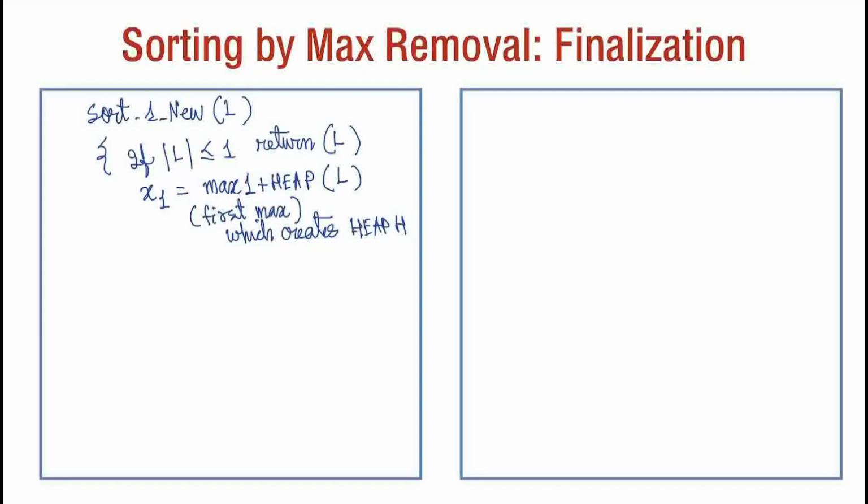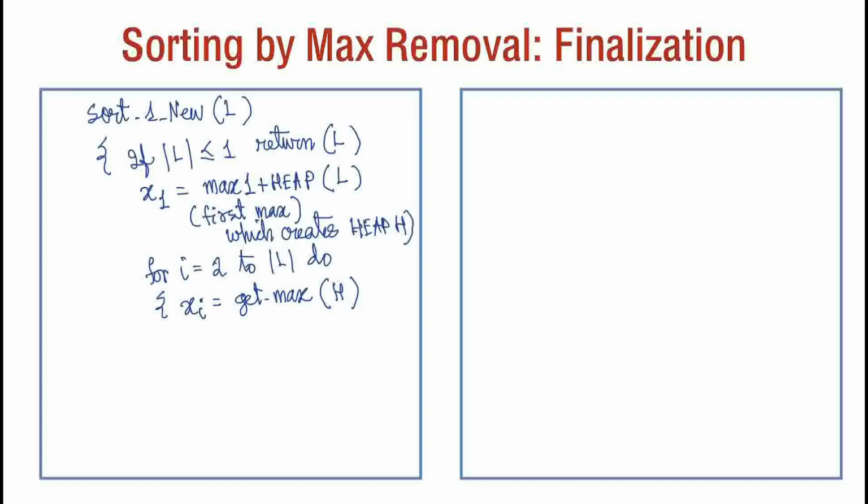Once we know that we have created this heap H, now we can finalize our algorithm for i equal to 2 to size of L do xi is equal to get max from H, because we have created this heap data structure.